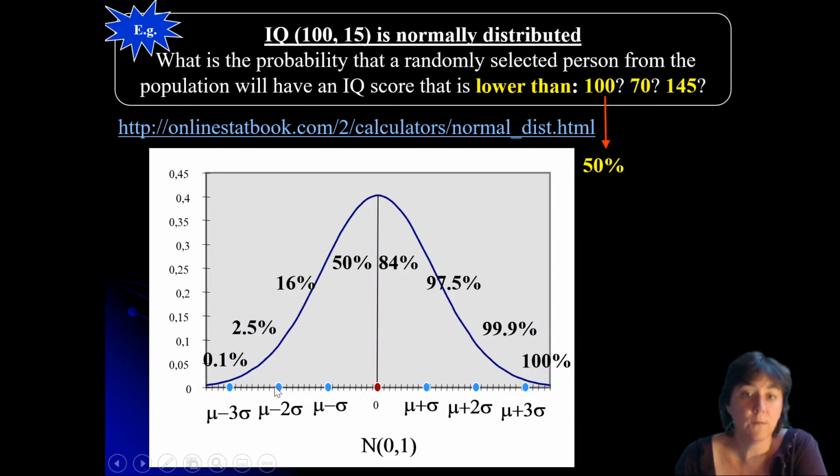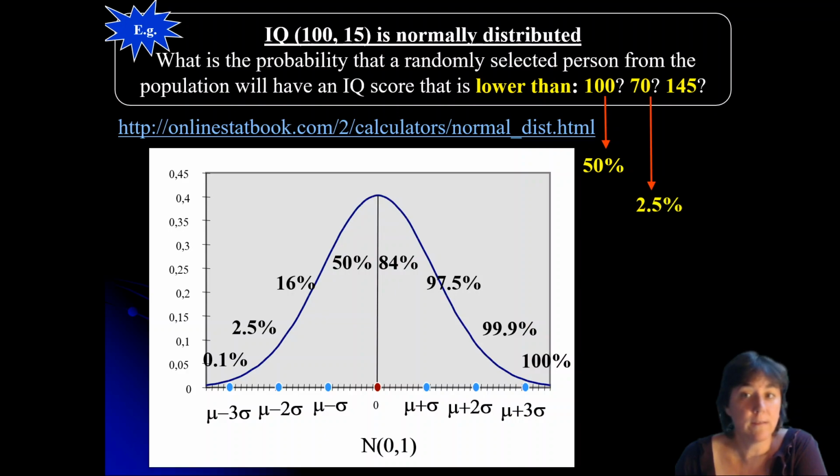So here we can state that this point, IQ score 70, is right here, and we can read from the chart that it's 2.5% of the population who is below this point.